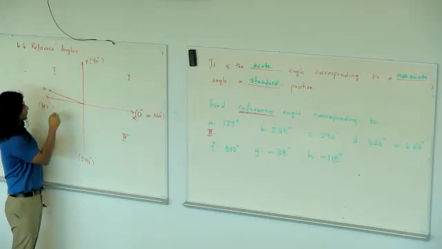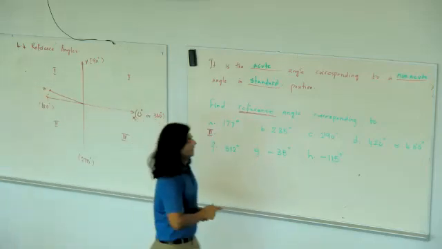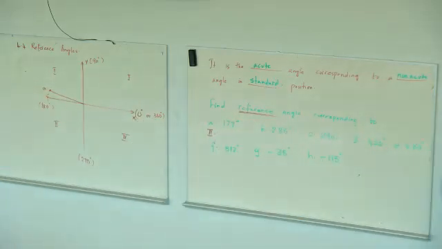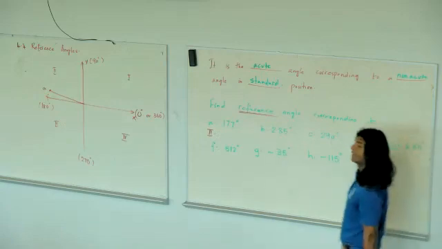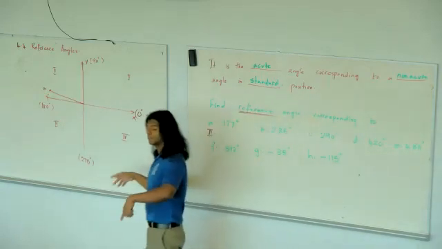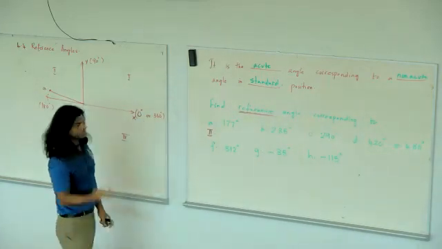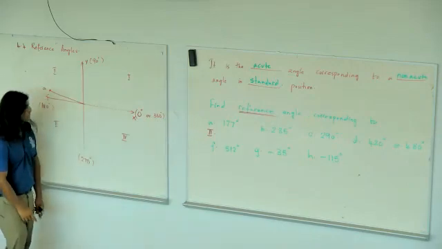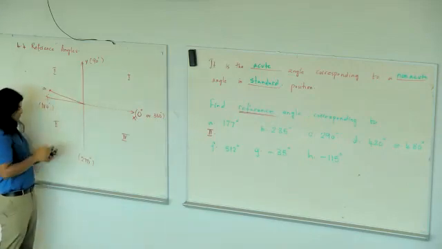I recommend that you draw the Cartesian plane and put the angles this way and get a better idea. Once you feel comfortable, you can just do it here. Second quadrant.